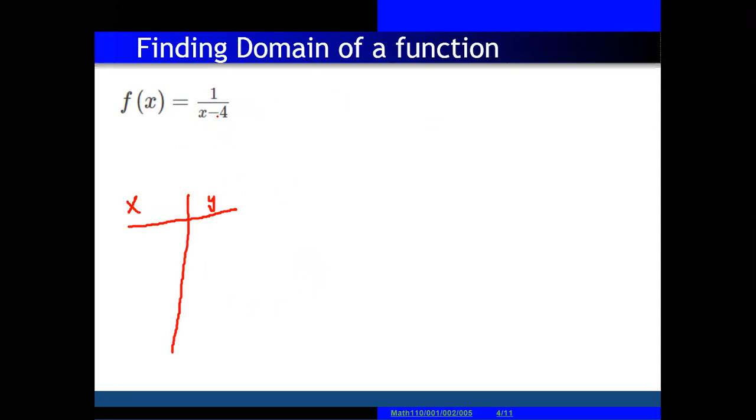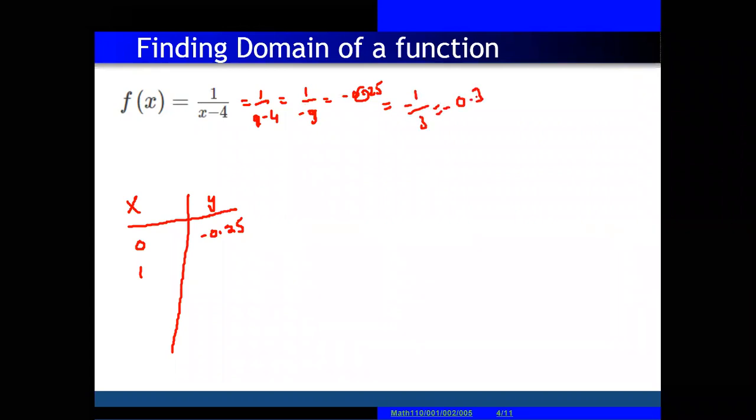So when x is 0, 1 over 0 minus 4 is equal to 1 over minus 4, which is minus 0.25. Same when x is equal to 1, if we replace x with 1, 1 over 1 minus 4 is 1 over minus 3, which is minus 0.33.